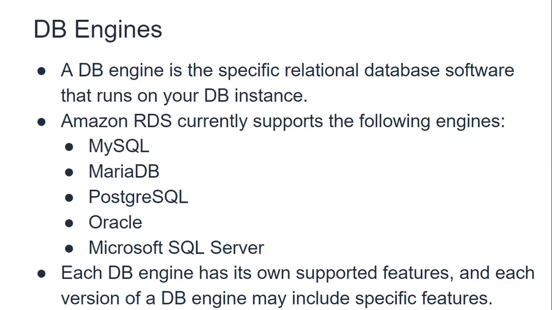The database types are actually referred to as database engines, right? Each engine also has its own set of supported features and versions that RDS supports. They try to keep up with the latest versions.